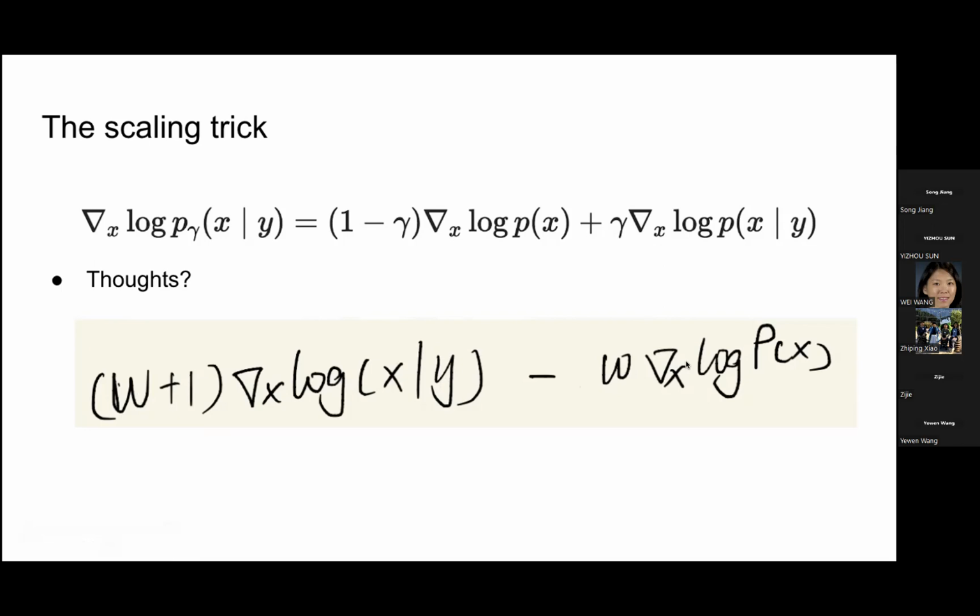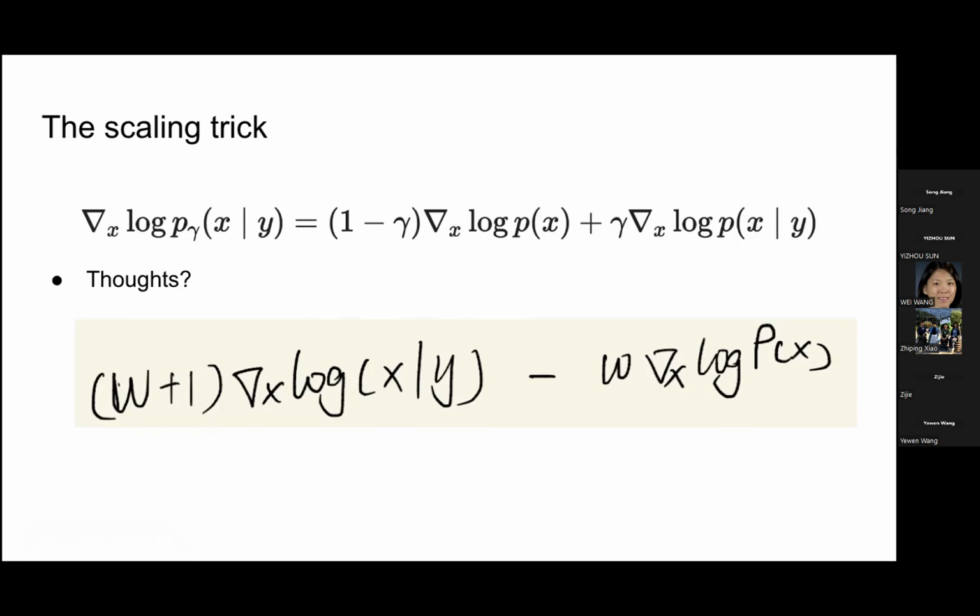If we imagine that everything is compositional and can be added easily, it basically means we want to remove the general marginal part from p of x given y, the conditional part, to keep the specific information related to y.